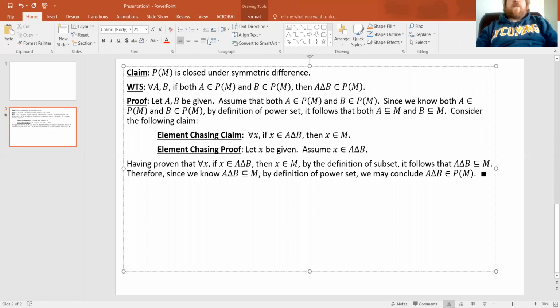Now, let's unpack our assumption. Remember, the symmetric difference means everything that is in one but not the other of the sets.